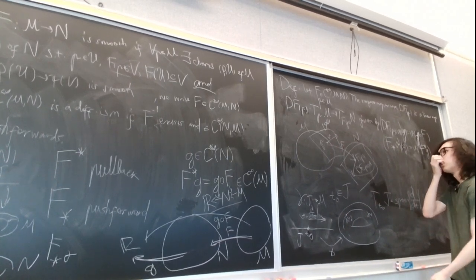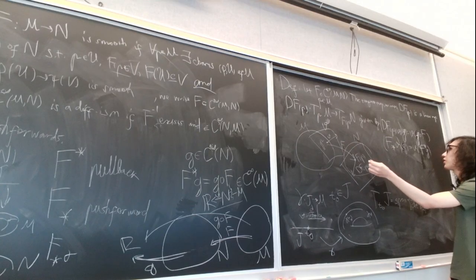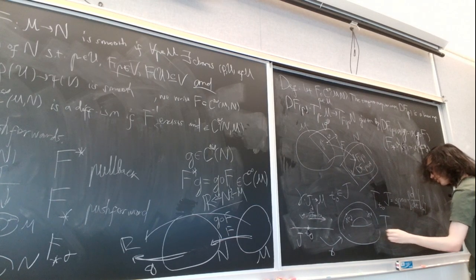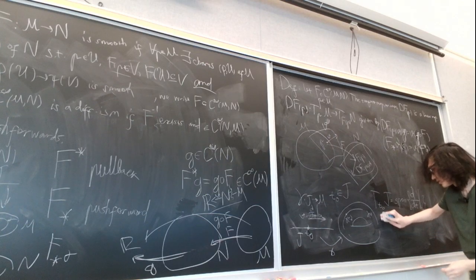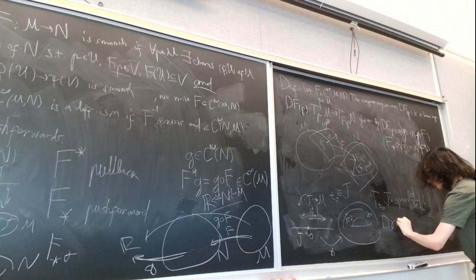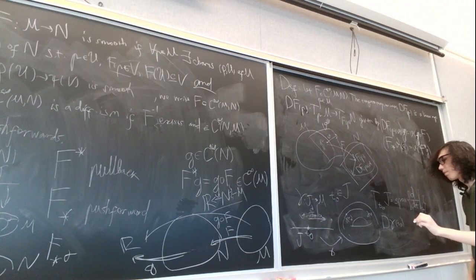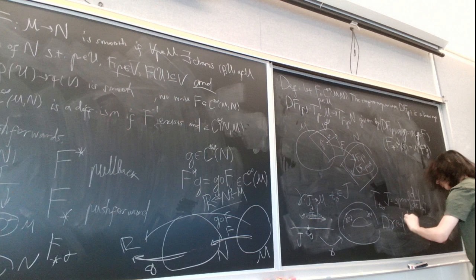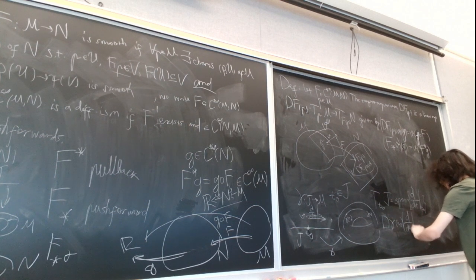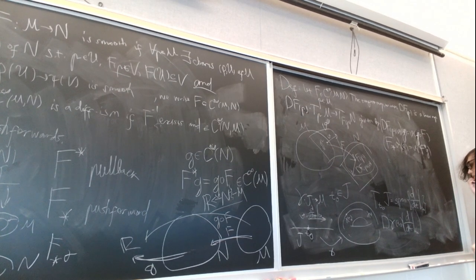Then we think of the tangent map d gamma at point t0 of our vector v, which we defined to be d/dt at t0.